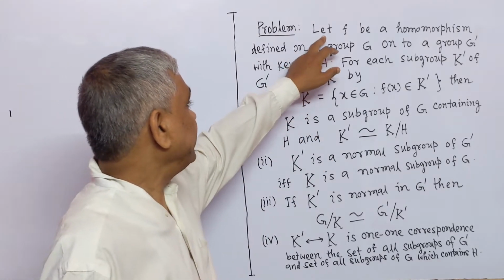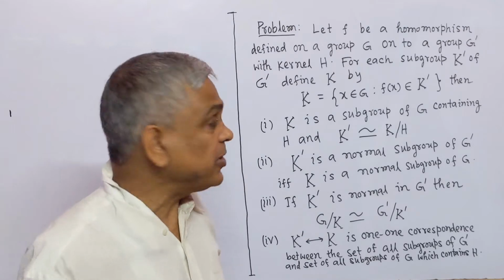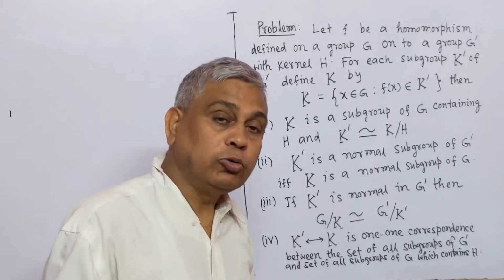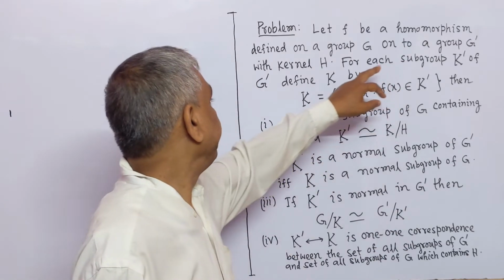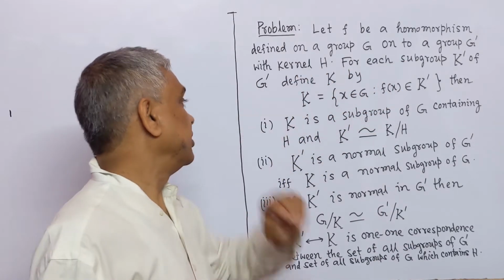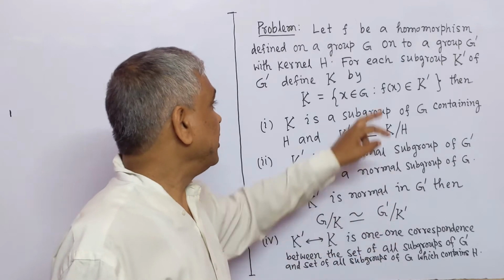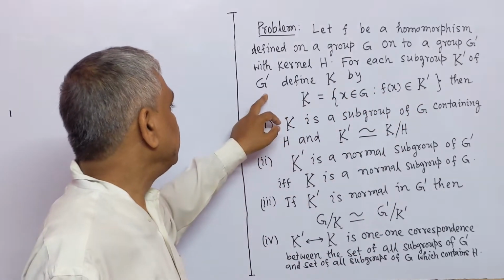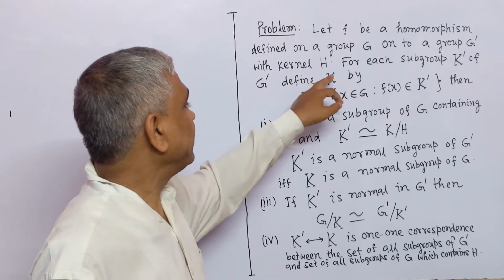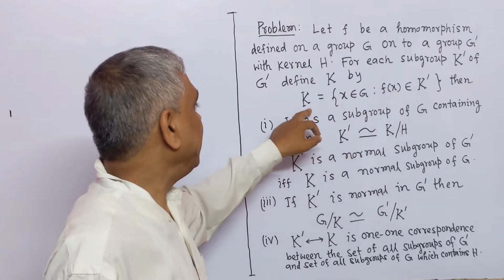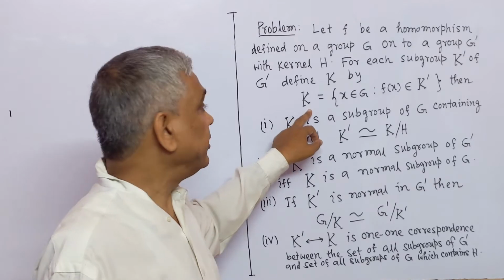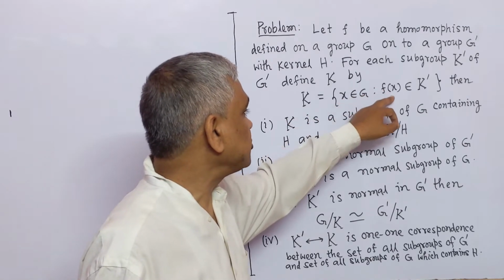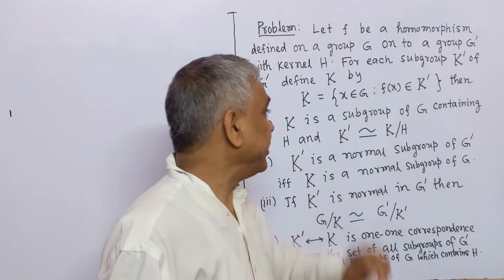Problem B. Let F be a homomorphism defined on a group G onto a group G prime with kernel H. For each subgroup K prime of G prime, define K as the subset containing all those elements x of G such that F(x) belongs to K prime.